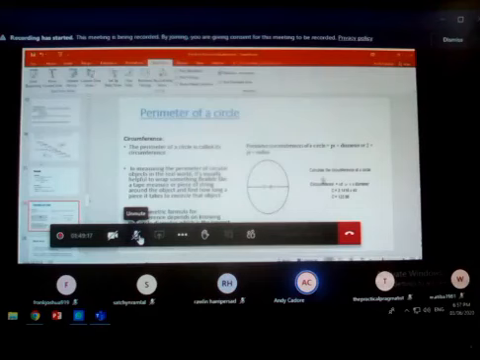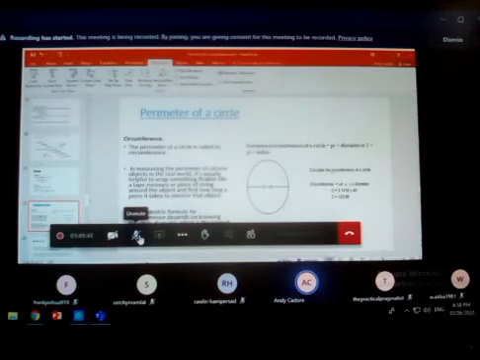Or you could say two pi multiplied by the radius. You have to say 2 pi r, not pi r squared. Squared is the area, right? 2 pi multiplied by the radius.